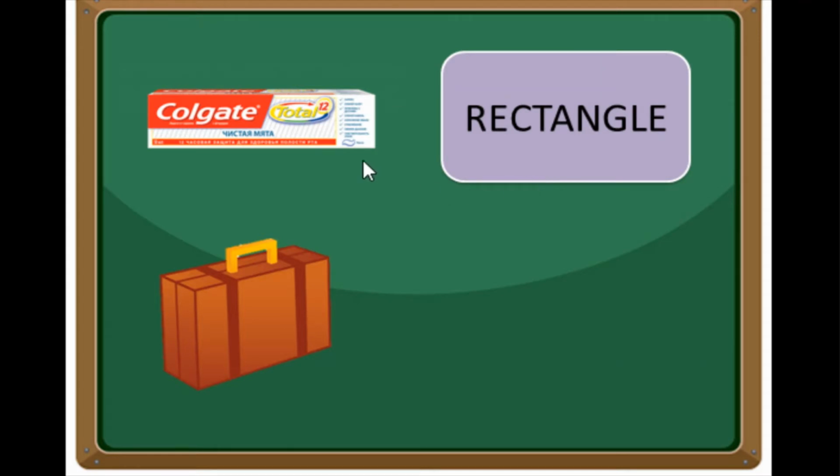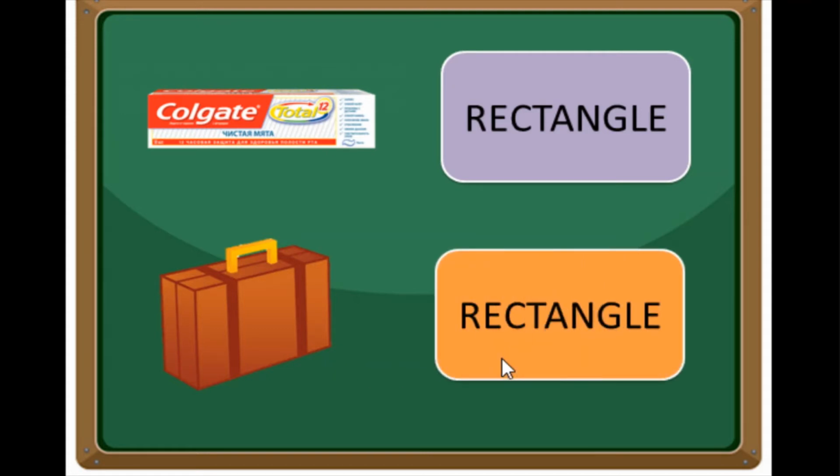A box of toothpaste is a rectangle. How about the briefcase? Is it a square or a rectangle? You got it right again. It's a rectangle. A briefcase is a rectangle.